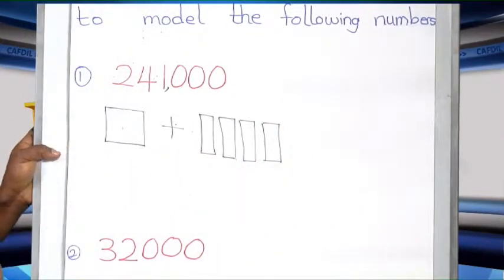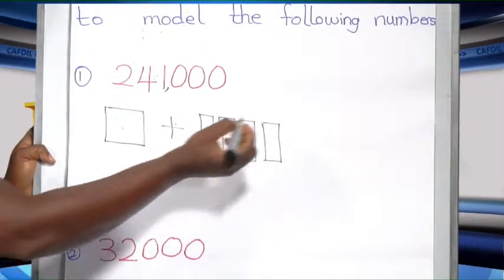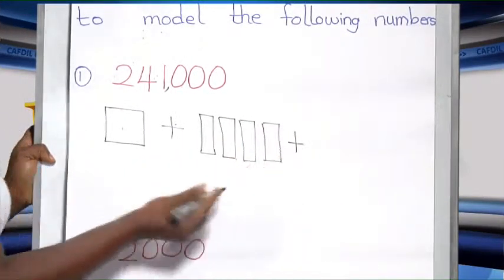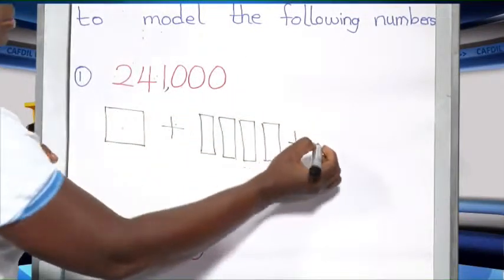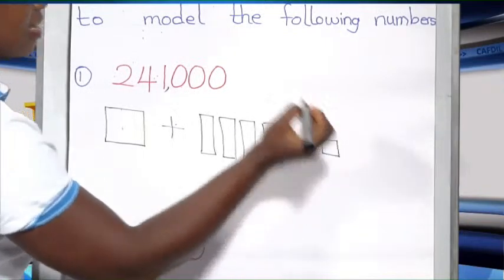Let's count and see if there are 4. 1, 2, 3, 4. Plus 1 of the units. So our units will be like this.